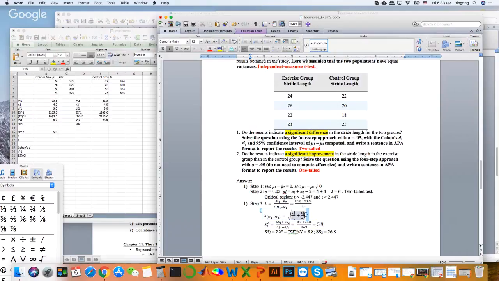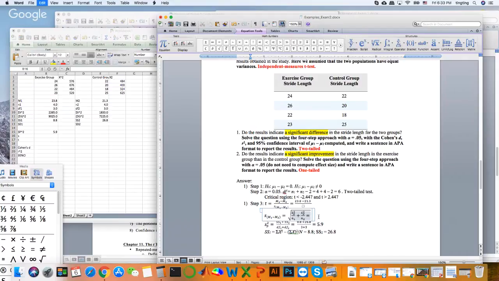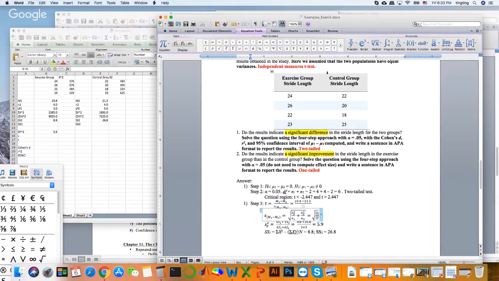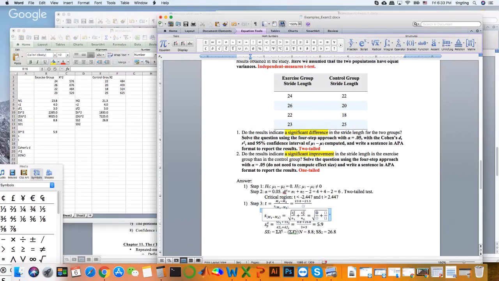Let's put it back into this formula. 5.9 divided by 4, also 5.9 divided by 4.